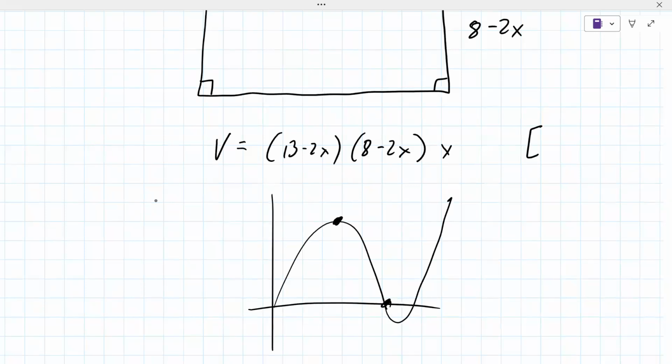Your teacher should have talked about domain. Your domain in this problem is 0 to 4. I don't know if you actually had to find that.